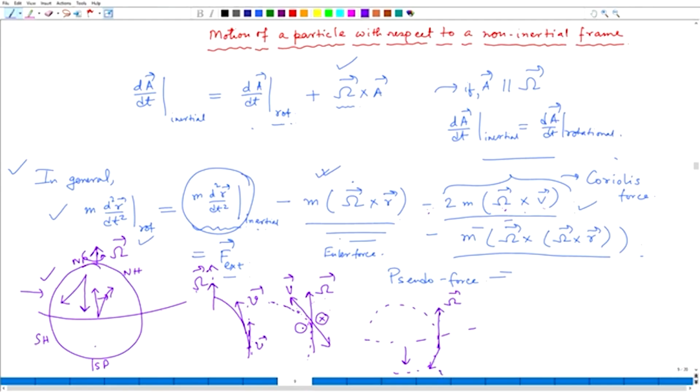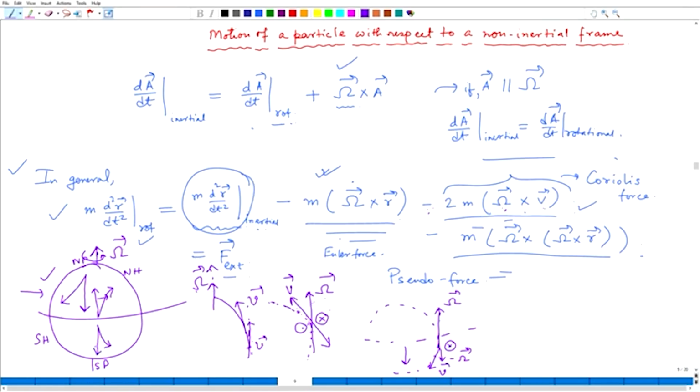So, if my v is now in this direction, okay, and minus omega is in this direction, again you will see that minus omega cross v will be to the inward direction of the plane of the paper, and that is why you will have this type of deflection.